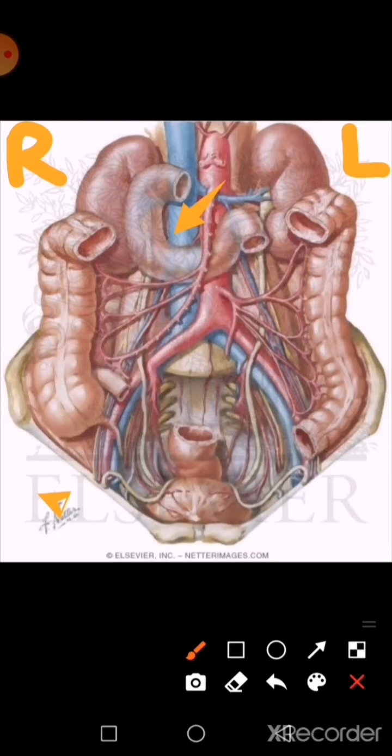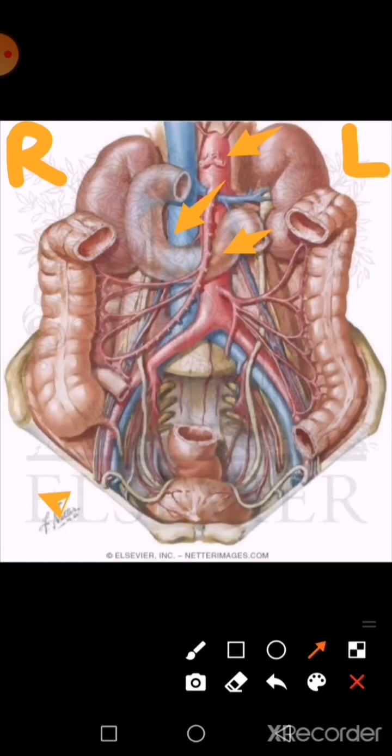The third relation of the right ureter is that the anterior relation includes the right colic vessels. Now the question is, what on earth is the right colic vessel? In this image, you can see the abdominal aorta. You can see one of its major anterior branches, the superior mesenteric artery, and the first branch of the superior mesenteric artery to the right side of the human body is the right colic vessel.